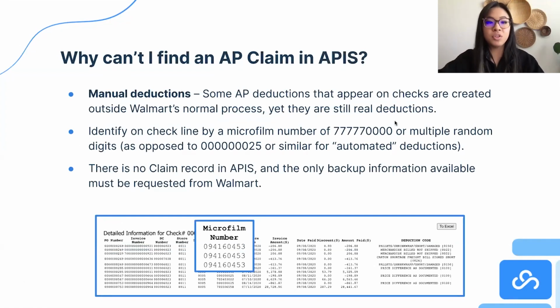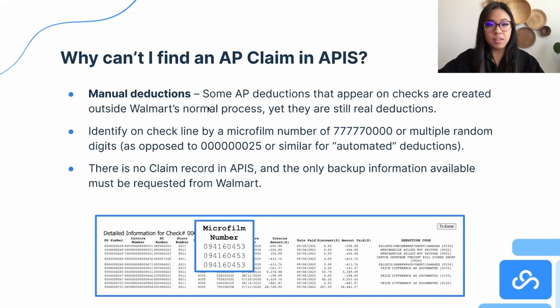However, these are still real deductions. And how you can identify them is by the microfilm number on the check line. It's going to be basically a 9-digit number or multiple random digits, as opposed to this 00025 type format or similar for the more automated type deductions.